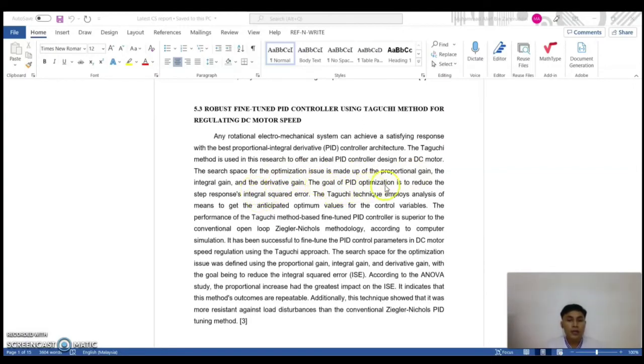The goal of PID optimization is to reduce the step response integral squared error. The Taguchi technique employs analysis of the means to get the anticipated optimum values for the control variables. The performance of the Taguchi method-based fine-tuned PID controller is superior to the conventional open-loop Ziegler-Nichols methodology according to the computer simulation. So I think that's all for me.